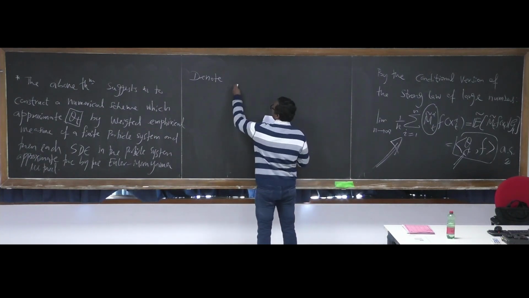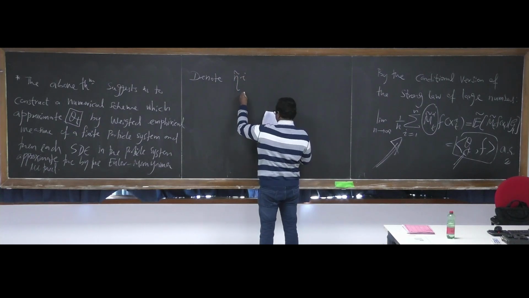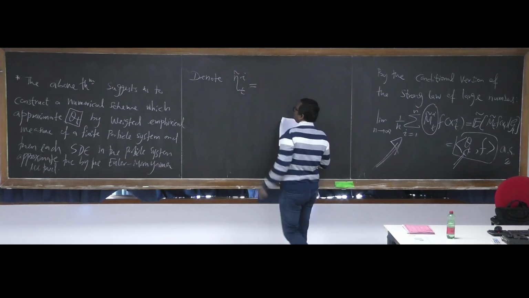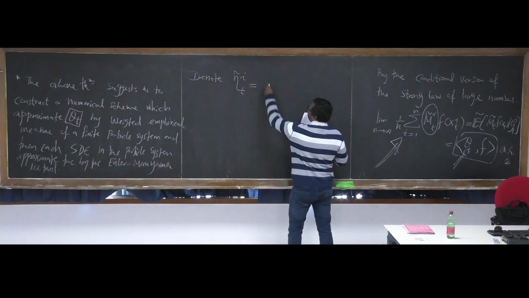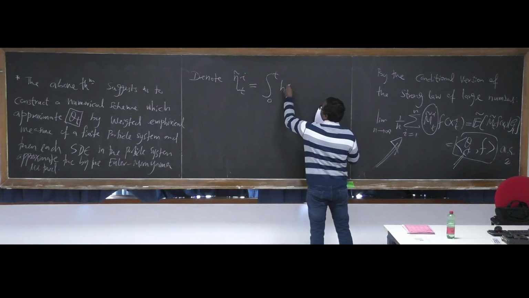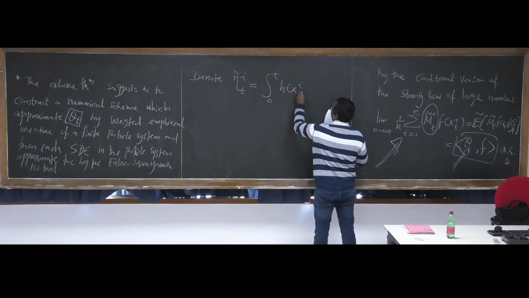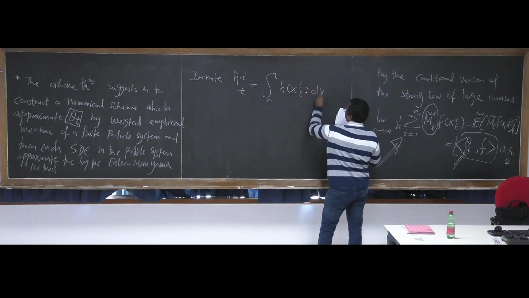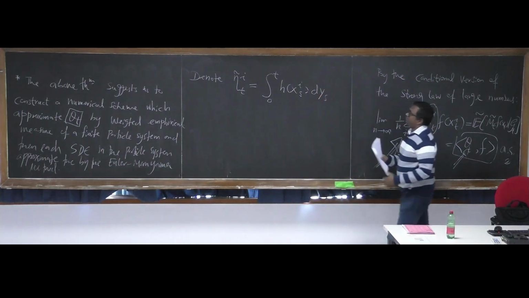Denote eta tilde i_t as the integral from 0 to t of h of x^i_s dY_s.